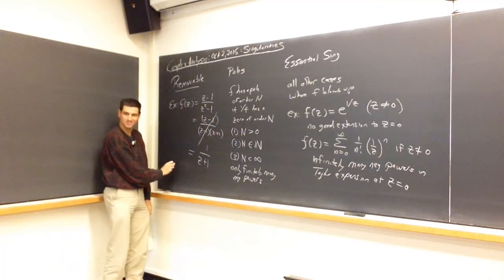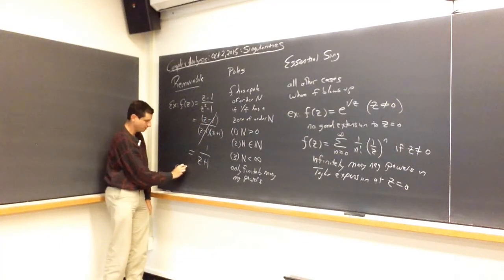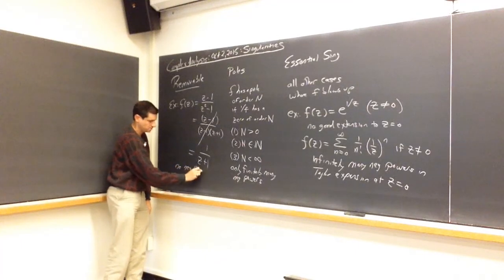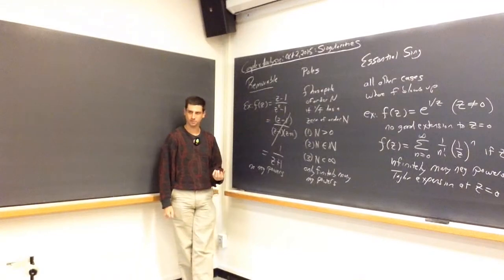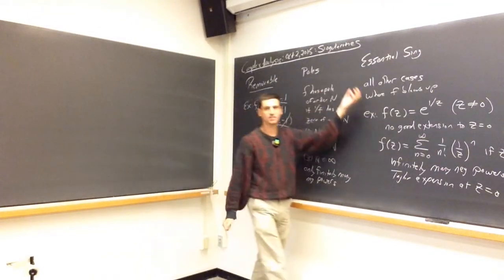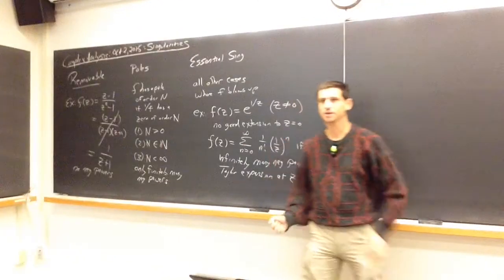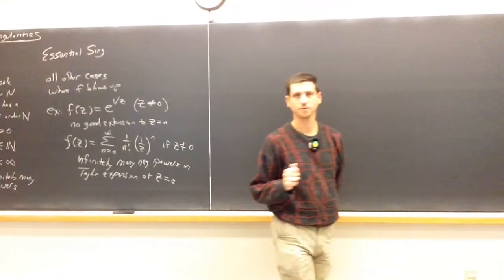And here, none. No negative powers. So if you look at it this way, this is a nice classification. Now, we haven't proved that all essential singularities are like this, but this is a good start.